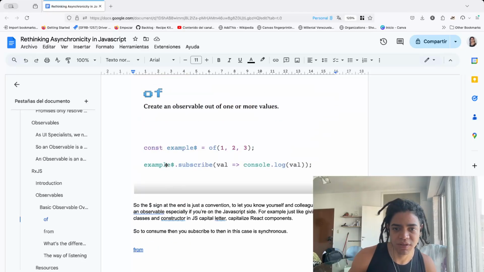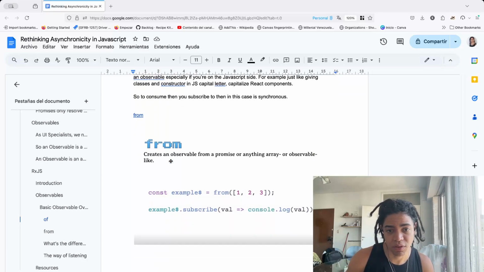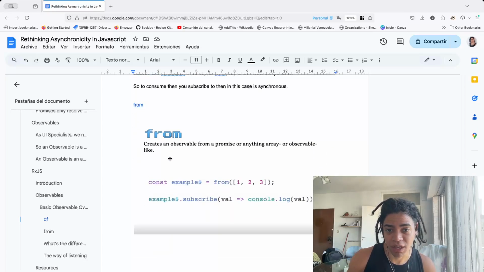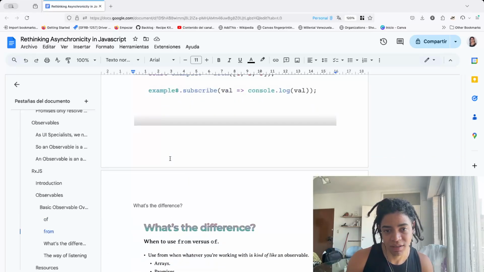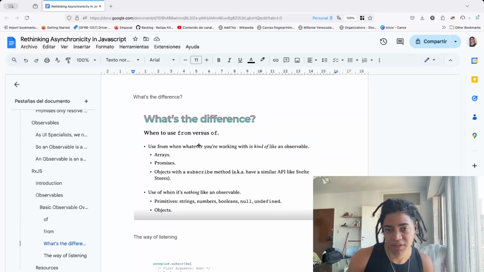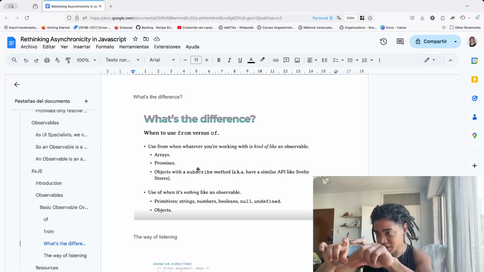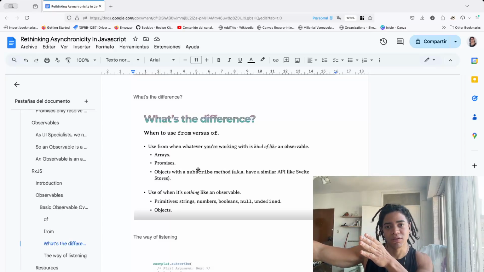As you can see, you can create observables from a series of primitive values, and from anything array-like or observable-like. That's the subtle difference between of and from.